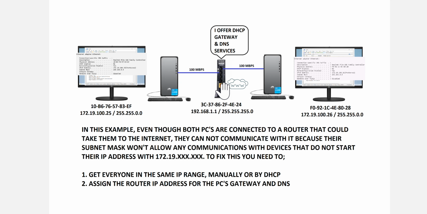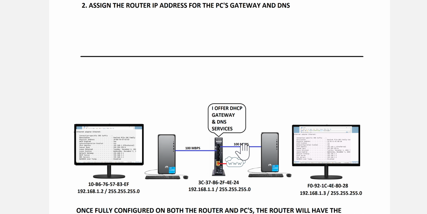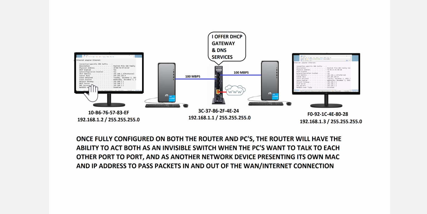But once you do get them changed over, and now we have the correct IP address for the default gateway and the DNS servers, now the PCs here will be able to make full use of the router and get access to the internet and everything else that it was supposed to do.